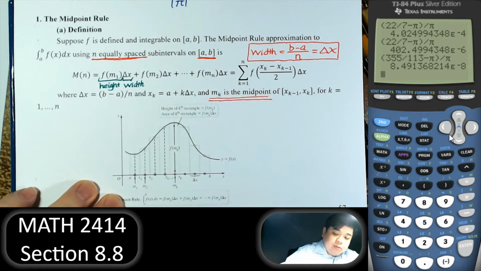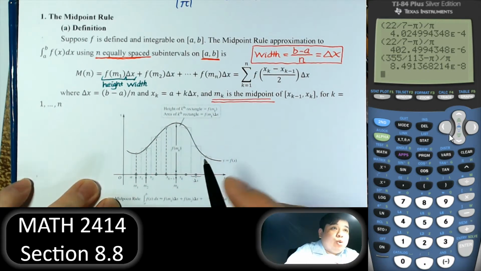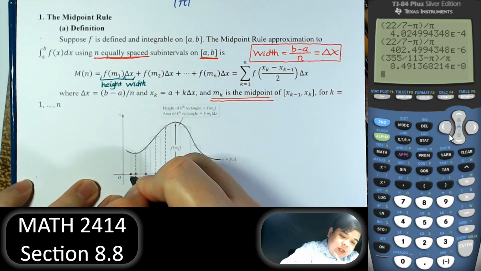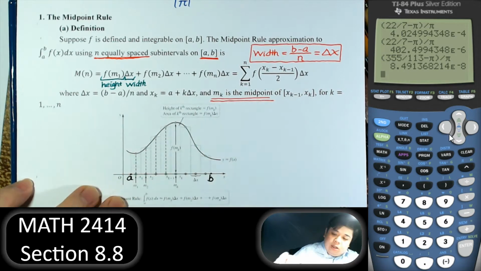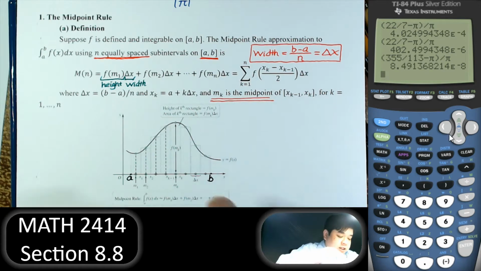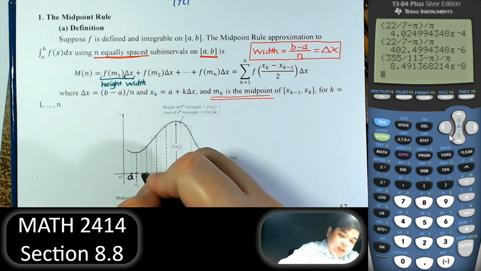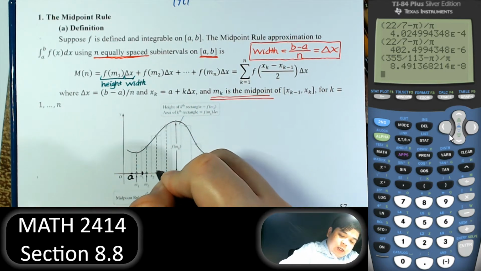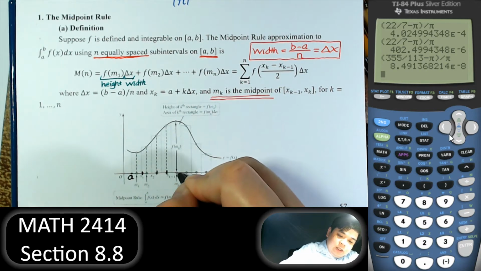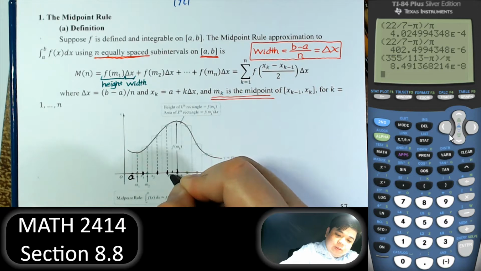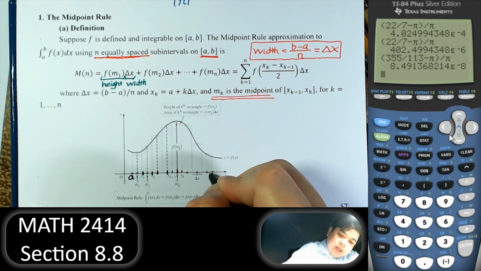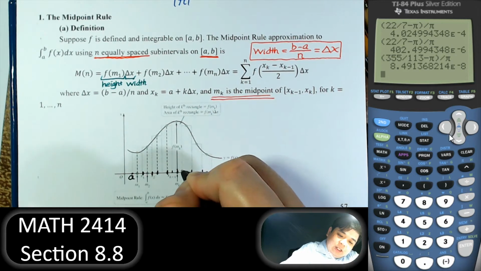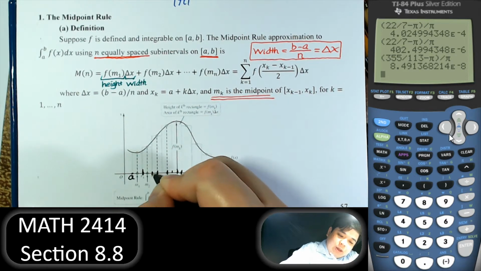So for example, it's kind of difficult to see here, but we go from a to b, and we divide that into intervals like this, equally spaced. Sorry, I wrote that terribly, but they should be equally spaced.